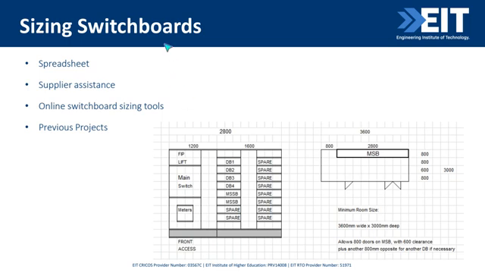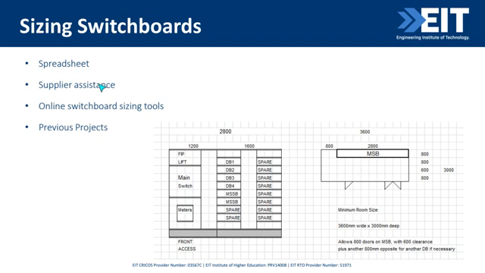So you could do it a couple of different ways. You could use a spreadsheet if you have an idea of previous switchboard designs. You could go to a switchboard builder with your single line diagram and ask them to give you dimensions if they were to build it.